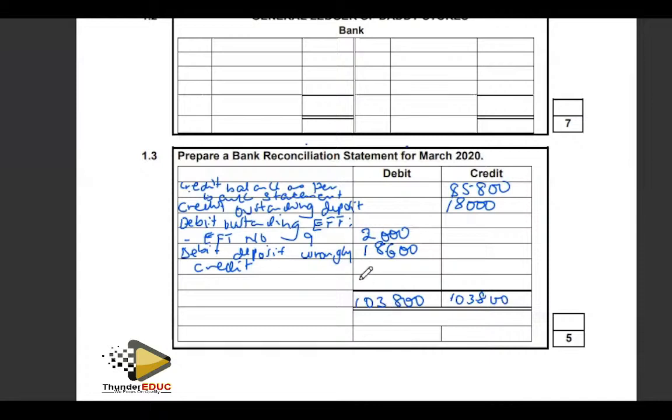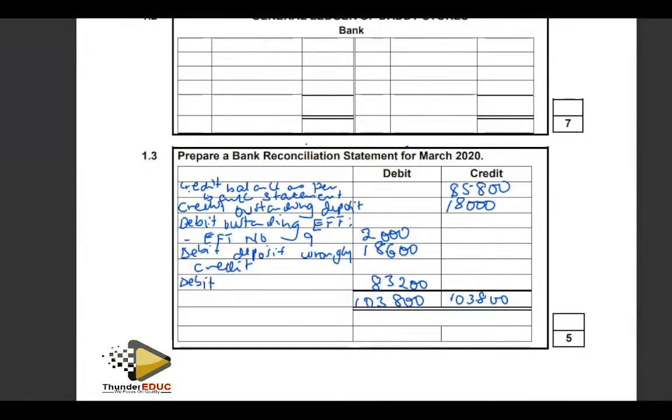My balance is 83,200. I'm sure you're also getting the same. So when I put, remember, we always put it on the side which is smaller, okay, to balance off the account. So how do we call this? It's going to be a credit balance, a debit balance as per banker statement. So this is going to be a debit balance.